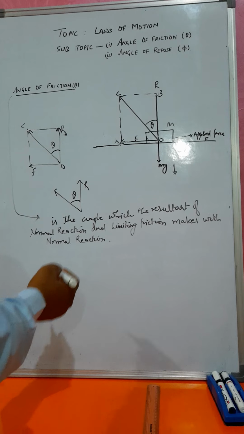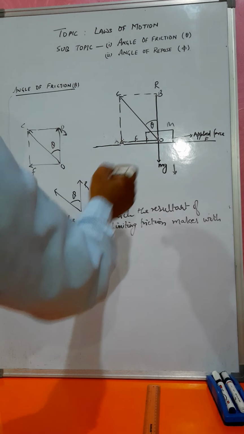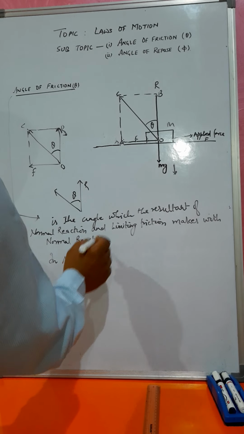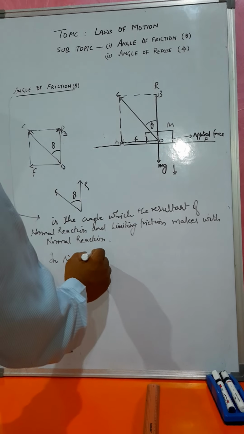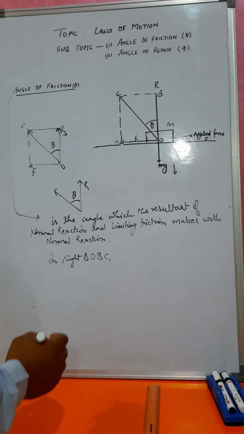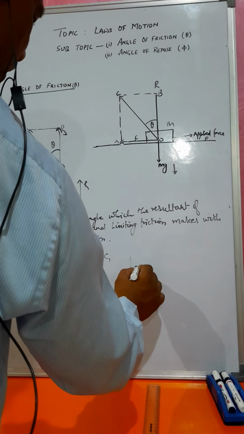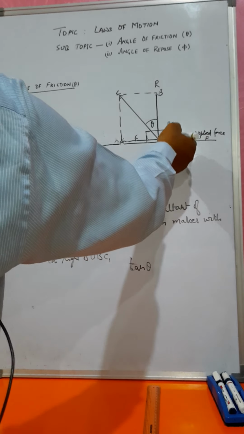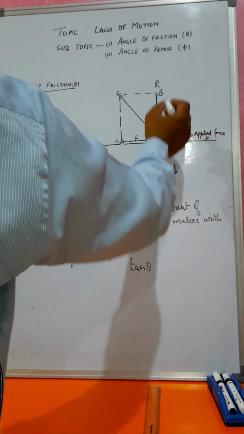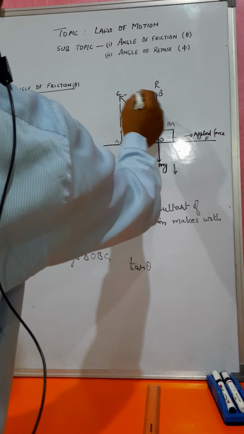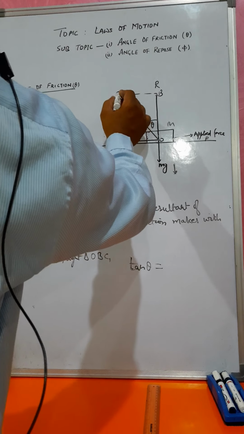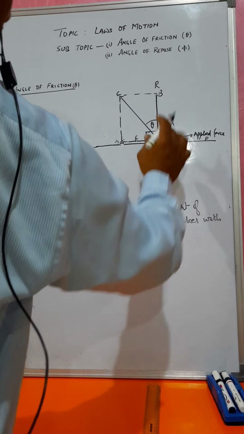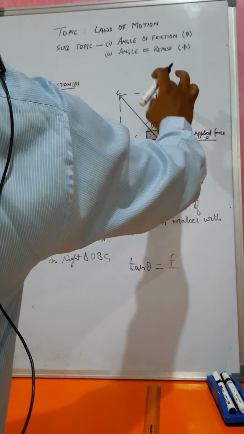Now from this we can have one relation, that in right triangle OBC we have tan theta is equal to perpendicular CB, which is equal to F, the force of friction, by the normal reaction, this is R, OB.